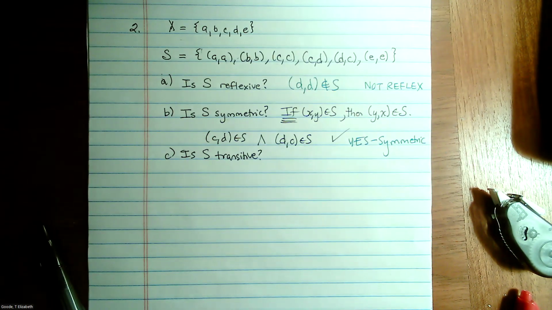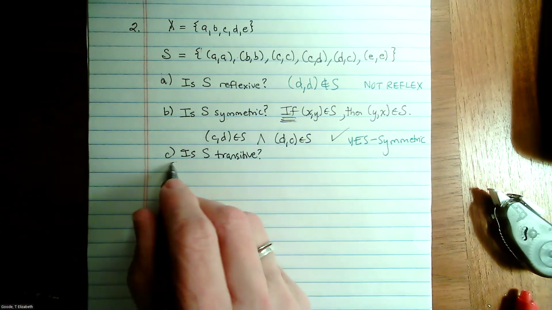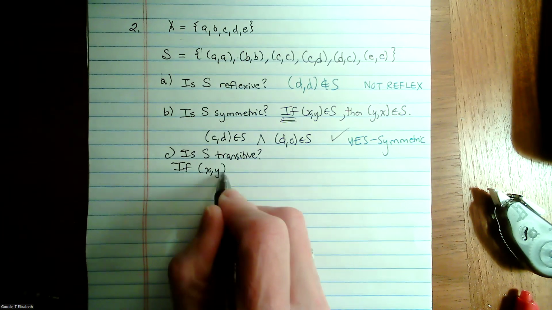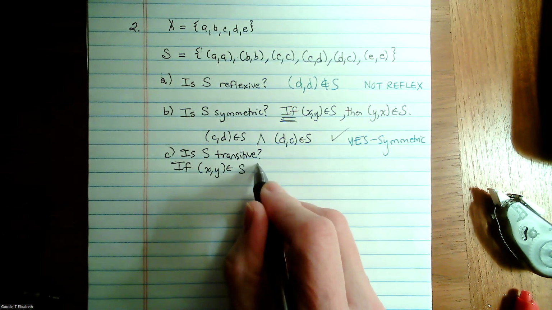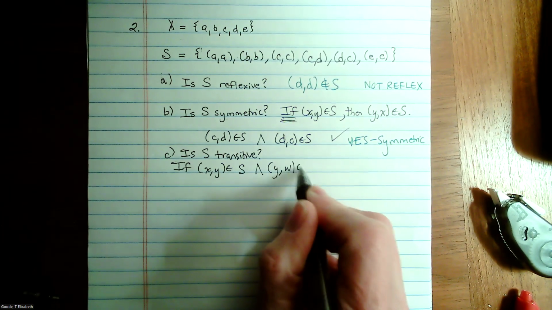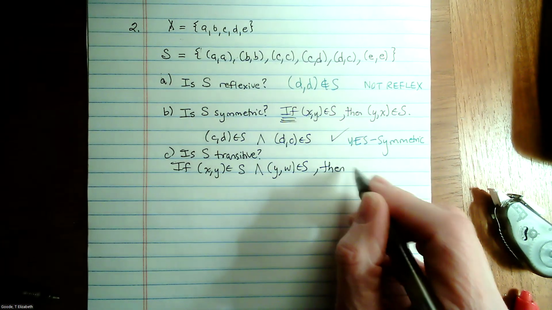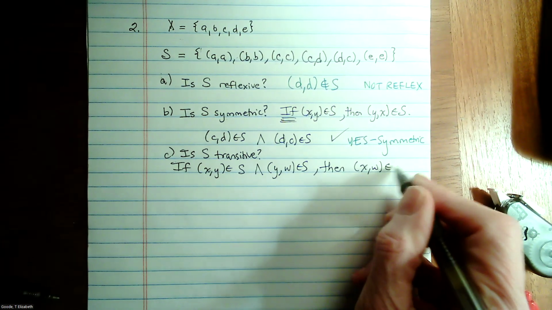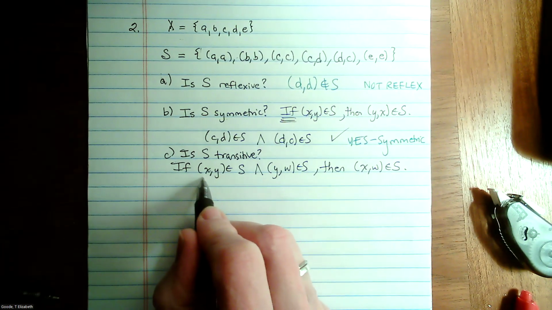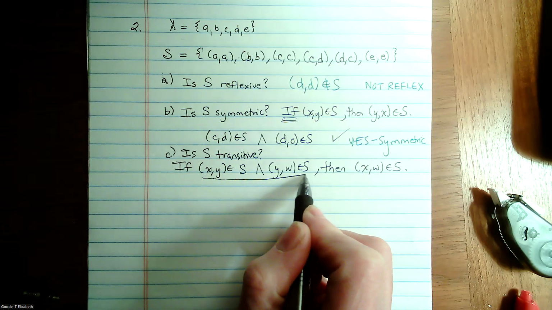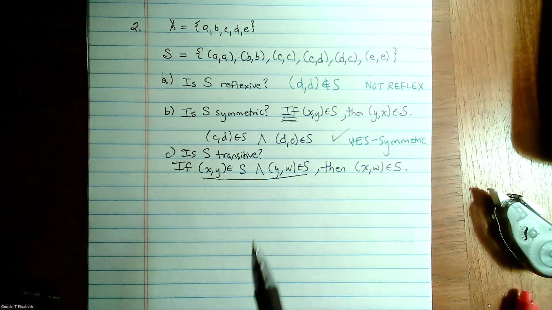So we're looking for crossover elements. If XY is in S and YW is in S, then we need XW in S. So we're checking to see if we have this hypothesis satisfied for any pairs XY, YW.